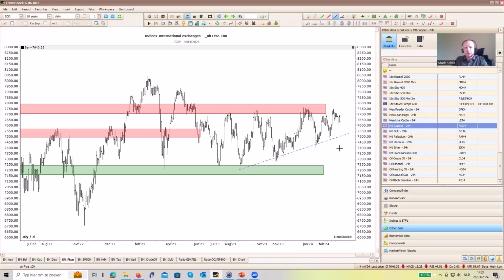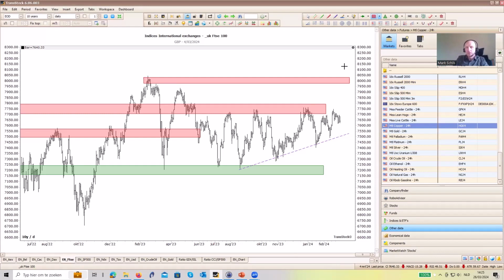You see here on this zoom, about 1 year, that the 7,800 zone is really important for the FTSE 100, and when we break that zone, I can add again a rectangle around this really nice zone around the number 8,000.